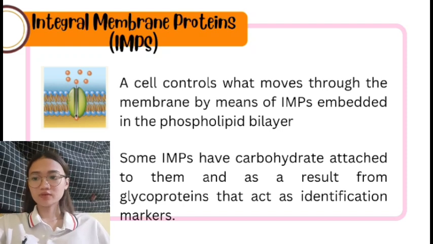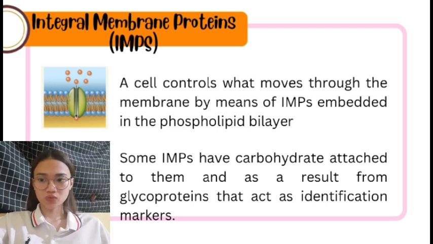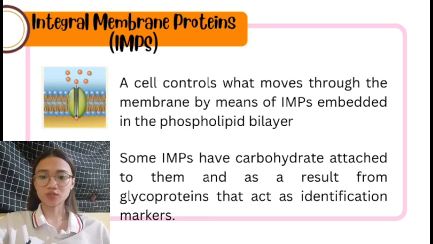So next, we have the integral membrane proteins or the IMPs. A cell controls what moves through the membrane by means of IMPs embedded in the phospholipid bilayer. The IMPs control the transport of water soluble molecules from one compartment to another.